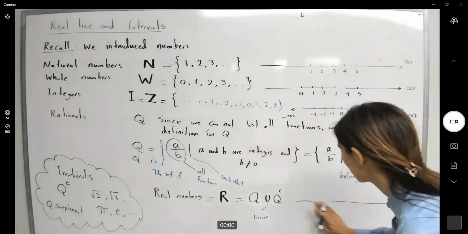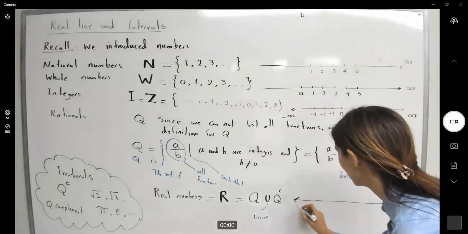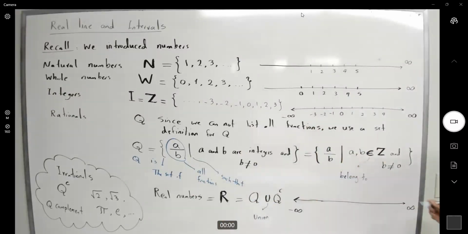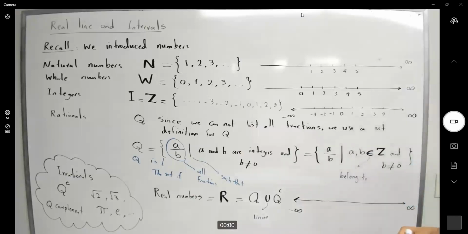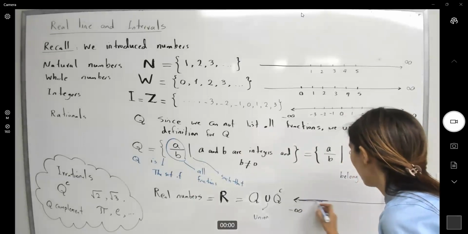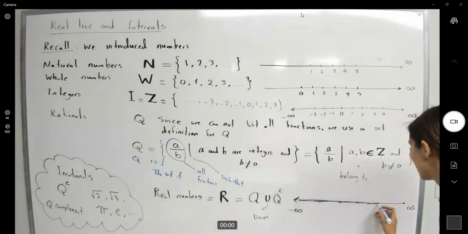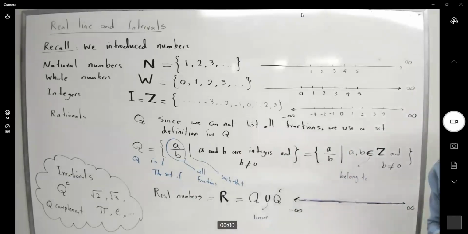From negative infinity to positive infinity, and you're going to shade the whole real line. All of these are real numbers.